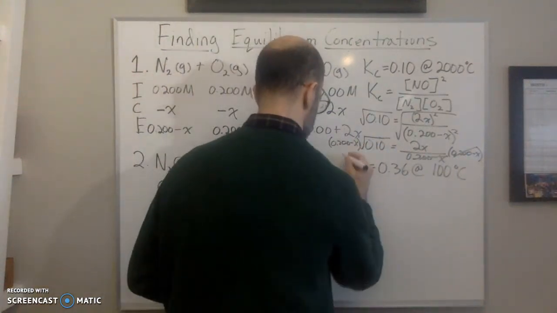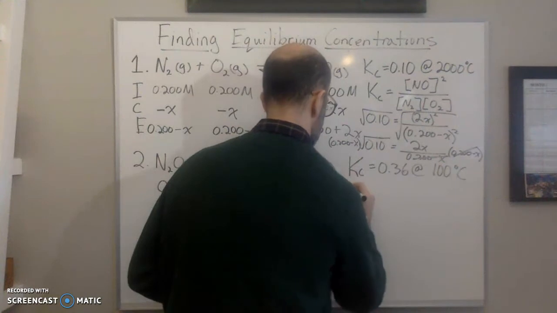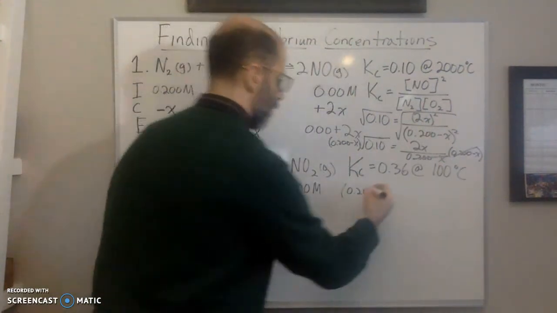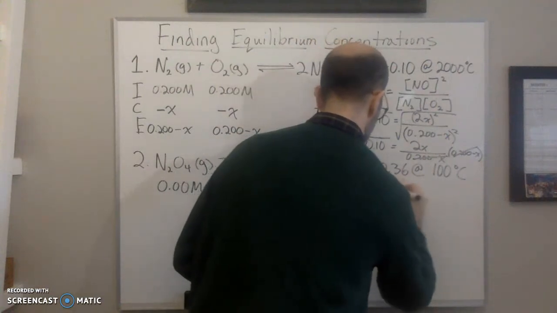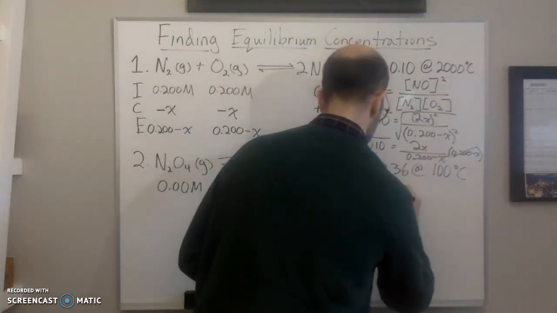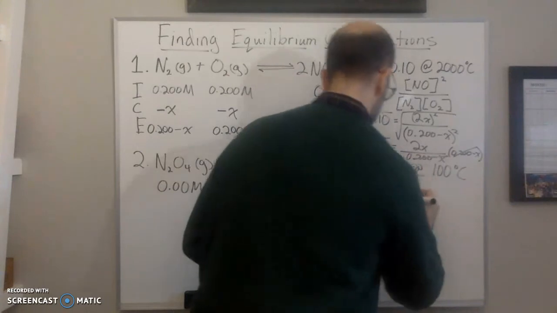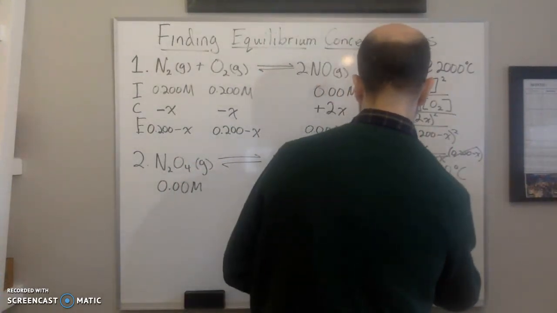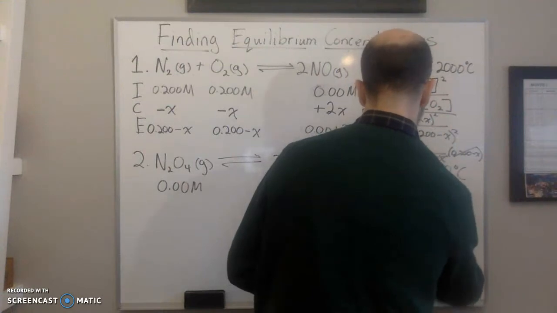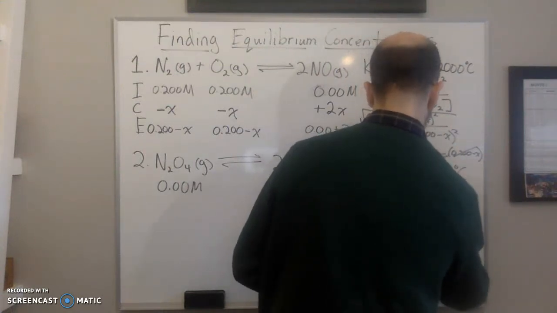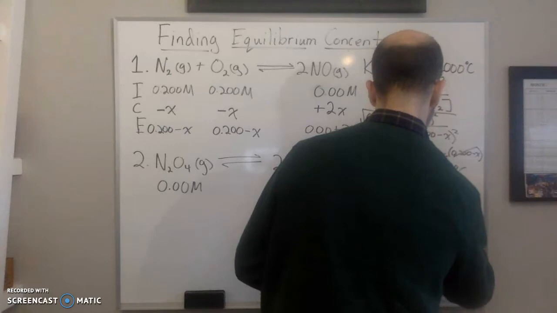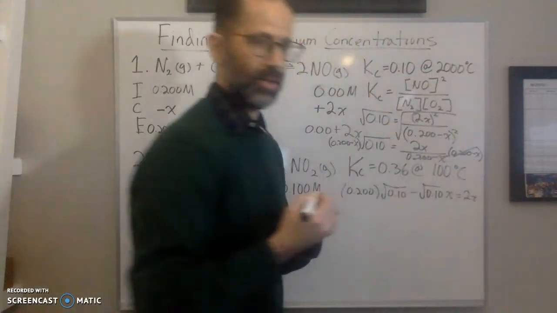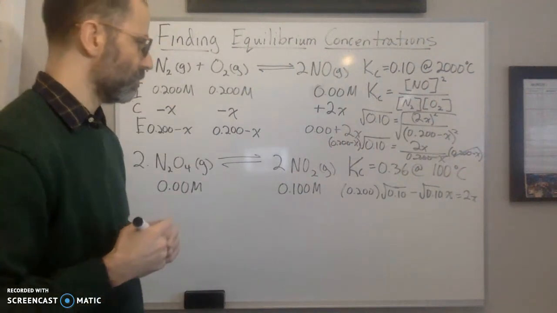So then this becomes 0.200 times the square root of 0.10, and that's going to be minus the square root of 0.10 times x is equal to 2x. And so I have that there.